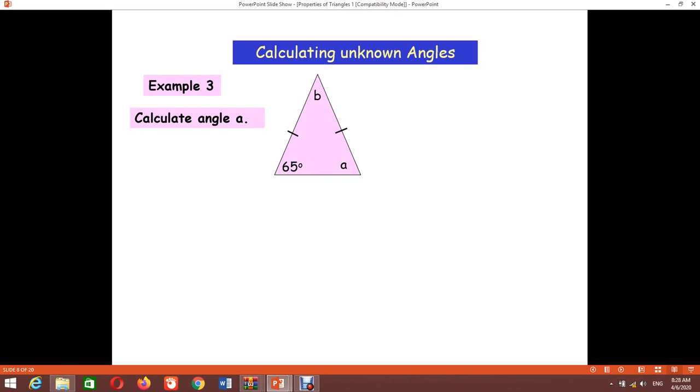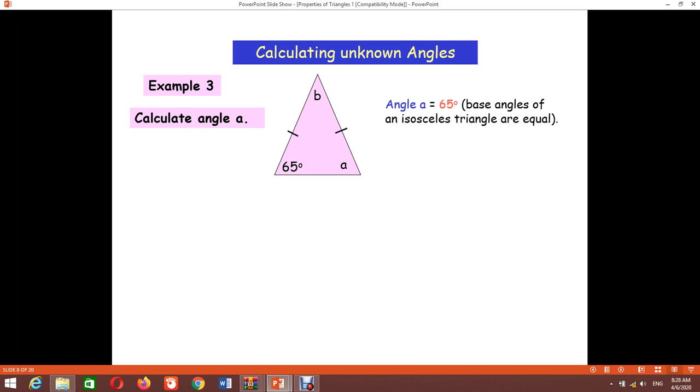The third example, we are asked to calculate angle A. Angle A is equal to 65 degrees. Why? Because angle A is the base angle of an isosceles triangle, and the base angles of an isosceles triangle are equal. Therefore, A is also equal to 65 degrees.